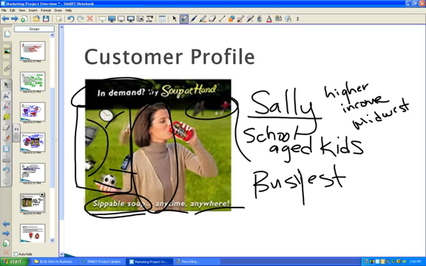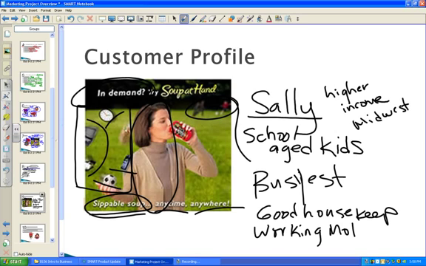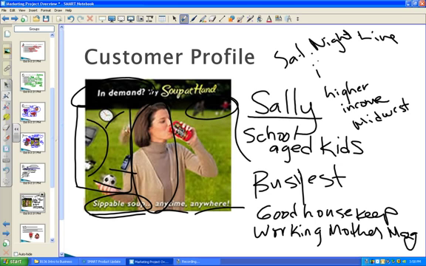She likes to read Good Housekeeping, and she likes to read Working Mother magazine. She watches Saturday Night Live when the kids go to bed. And she has an iPhone.